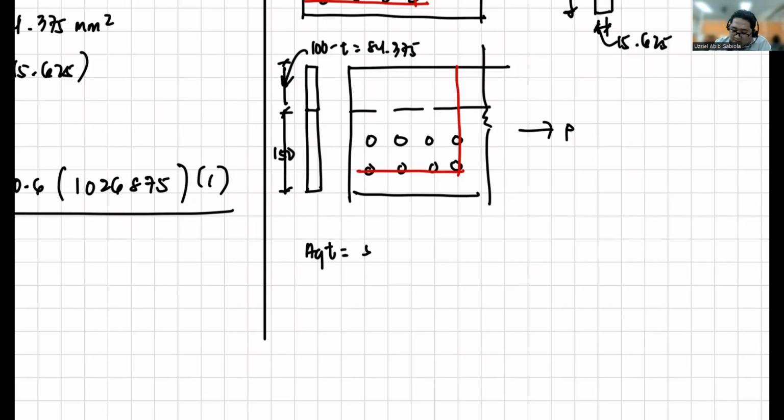Okay? So 5.86 inches squared, convert natin sa 25 mm per inch squared. Ma-minus tayo ng portion na to.